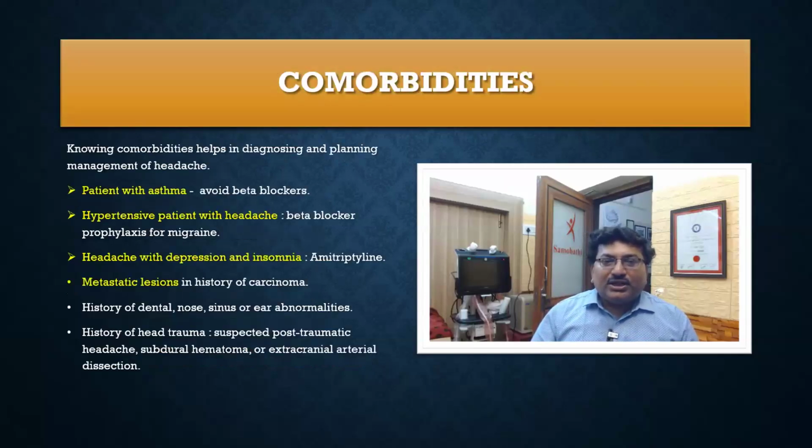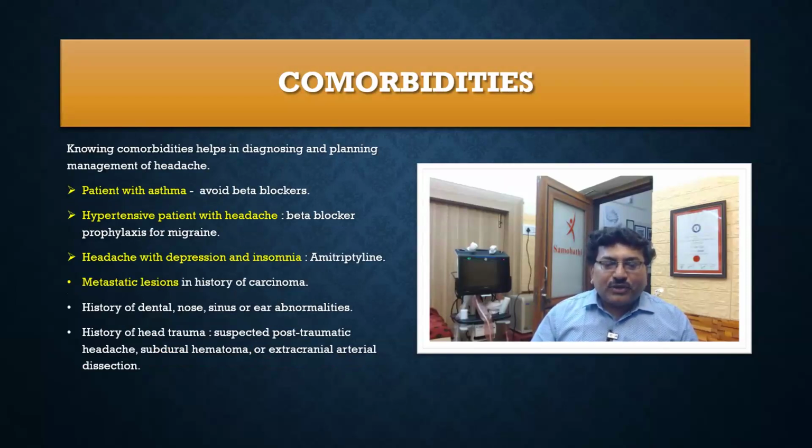Now coming to the comorbidities that we have to ask the patient about. For example, in a patient with asthma, we should avoid beta blockers for migraine. In hypertensive patients with headache, beta blocker prophylaxis for migraine can be given. For headache with depression and insomnia, we can go for treatments like amitriptyline.